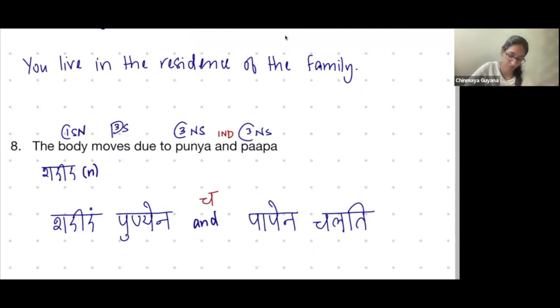And traditionally, you'll find it goes at the end of the words that it is anding. The words that it is listing, you'll find it go at the end of that list, right? Punyena papena cha is usually where you will find it.